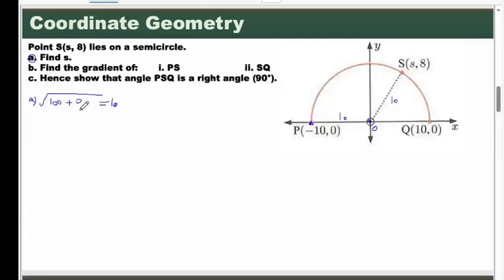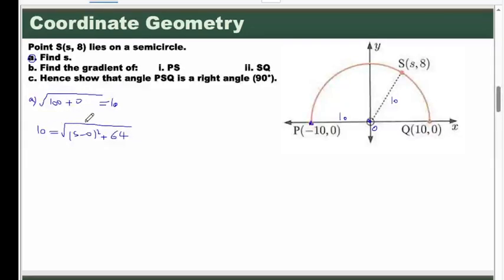Anyway, now I can find s. As we said, 10 equals the square root of xs, that means s minus 0 to the power of 2, plus 8 minus 0 to the power of 2, that would be 64.